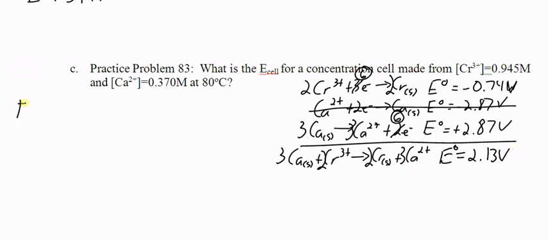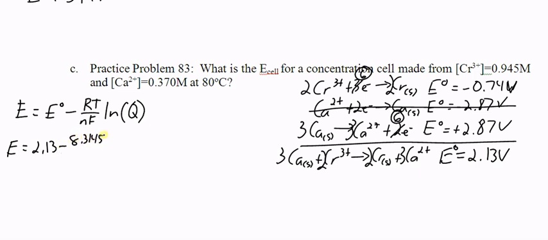So when it comes to it now, I can use the equation cell potential is equal to standard cell potential minus RT over NF times the quantity natural log of Q. So with that in mind, I can start making my replacements. I know standard cell potential is going to be 2.13.